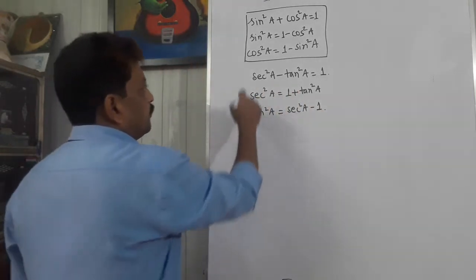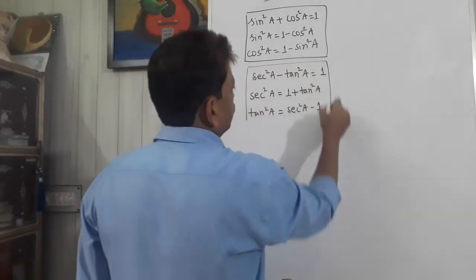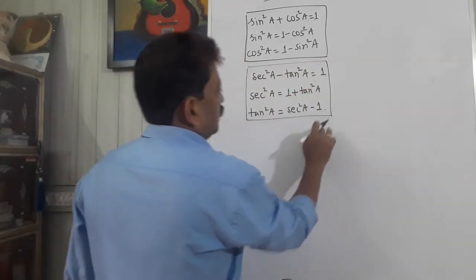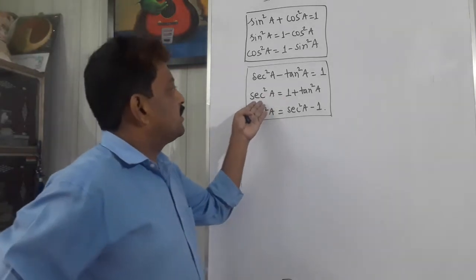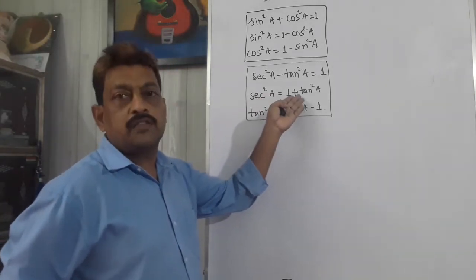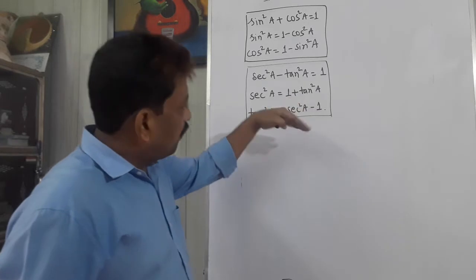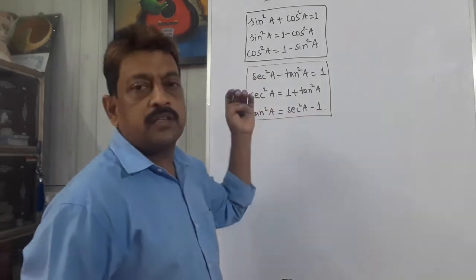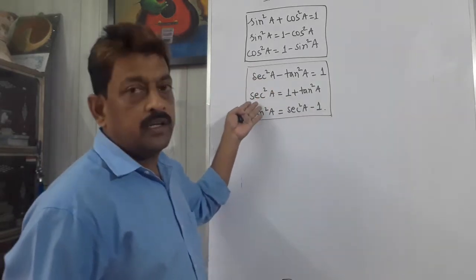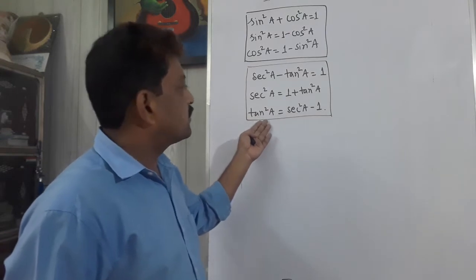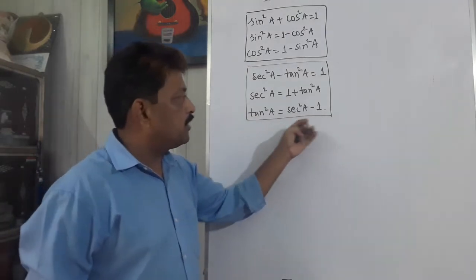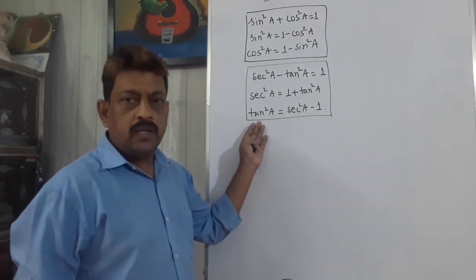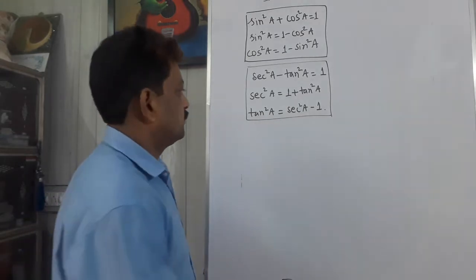All these are the same, only we have to modify a bit while solving a problem from identity. Sometimes in place of sec square A we write 1 plus tan square A, or in place of 1 plus tan square A we use sec square A, and sometimes we use sec square A minus 1 in place of tan square A, and the opposite also.